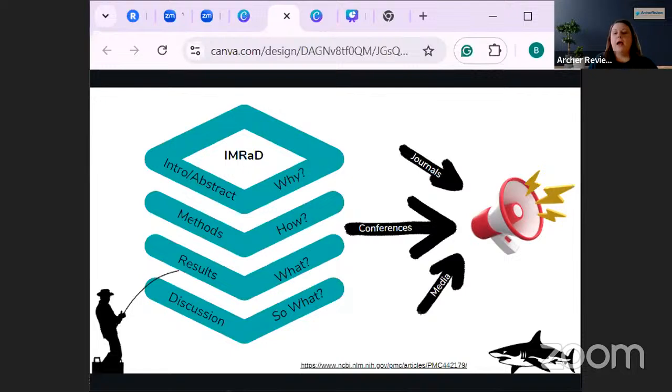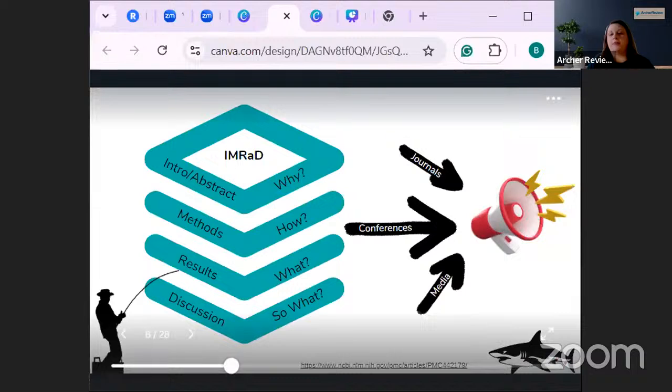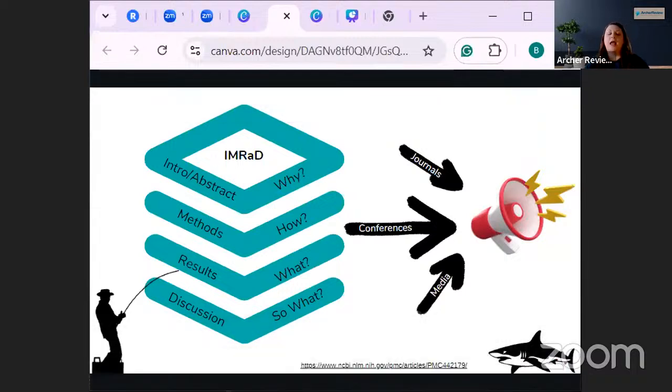To all the stakeholders, right? The public. You can see here I've put the fisherman and the shark. We're the fishermen searching for information, the researcher, the clinician, whoever is coming up with the question. But then I've got a shark lurking in the water, and that's to remind you that it is our responsibility to ensure that the research we're spreading and the information we're giving is thoroughly looked at.